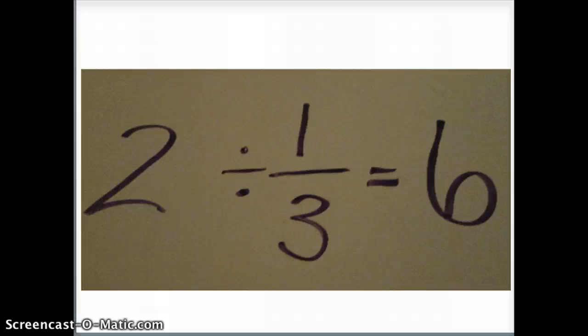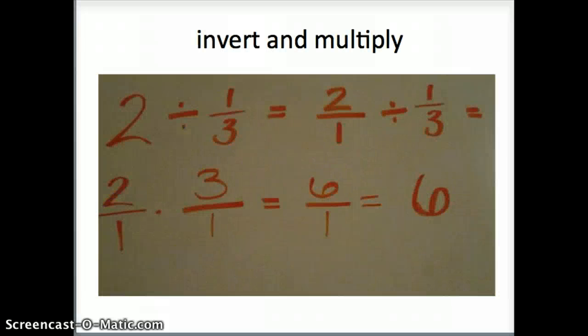So to figure out the answer to this, I did the same thing. I inverted and multiplied. So I started with 2 divided by 1/3 is equal, and then I put the 2 into a fraction, so I put 2 over 1 divided by 1/3. So when you invert and multiply, that changes it to 2 over 1 times 3 over 1.